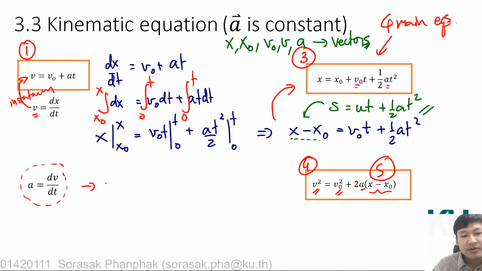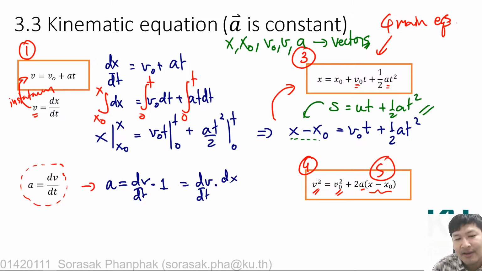To apply the chain rule, you use dv by dt, and you multiply by 1, and this one can be anything. So for the chain rule, use this benefit to substitute dx by dx as a 1 into this term, and you change the position.